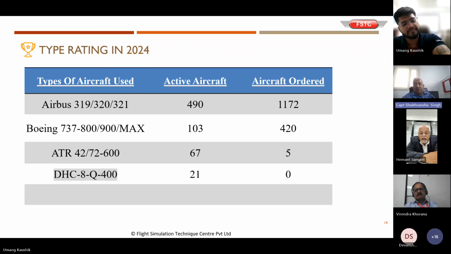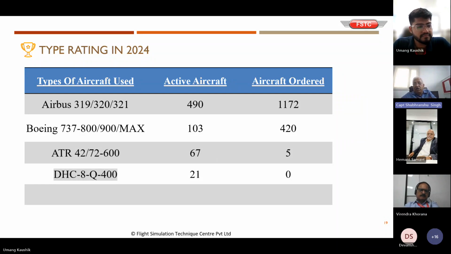You see, Indigo is the fastest growing airline in India. Every airline wants to maintain one particular type of aircraft because that eases their maintenance, all their technical support, and the number of people they have to employ is less.